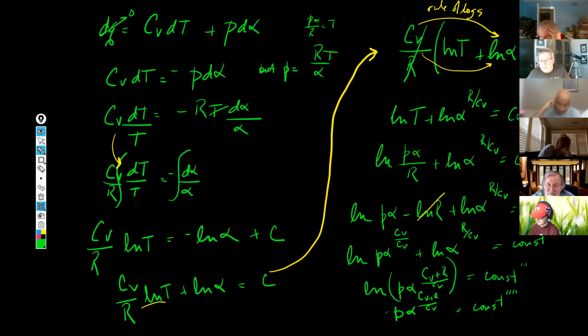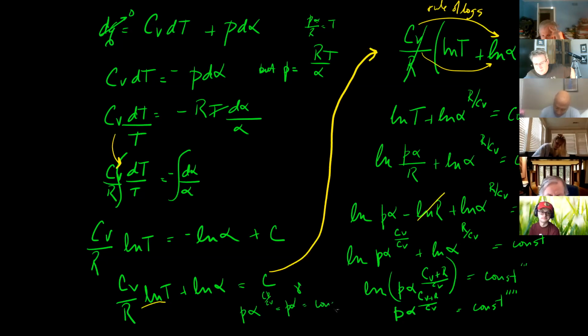So what this really becomes, and I'm running out of real estate, so I apologize, I don't have another blackboard, is P alpha to the CP over CV, which is equal to P alpha to the gamma, equals a constant. That's painful.